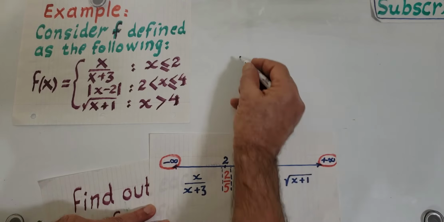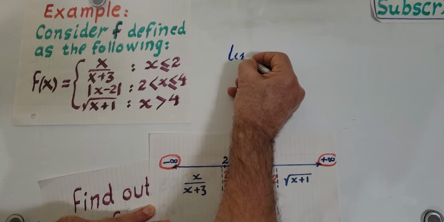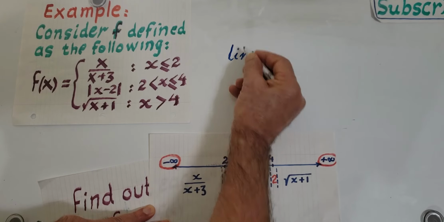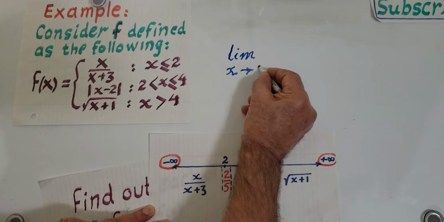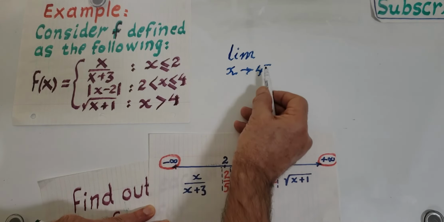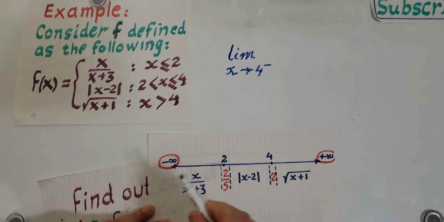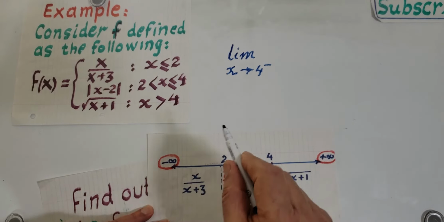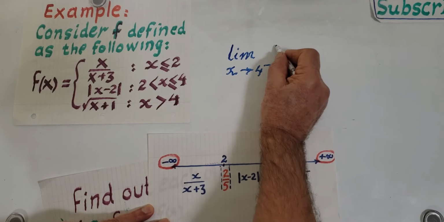Here we can write the limit when x tends to 4 from left. From left I put, as I said, the negative sign to mean it is from left, for f of x.